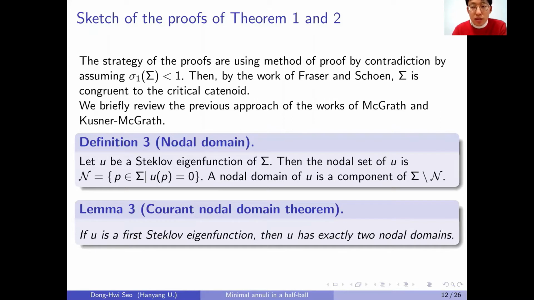The Courant nodal domain theorem says if we have the nth Steklov eigenfunction, then we have at most n+1 nodal domains. So for the first Steklov eigenfunction, we have at most 2 nodal domains. However, the first Steklov eigenfunction is perpendicular to the constant function, so it cannot have only one nodal domain. So we have exactly 2 nodal domains.